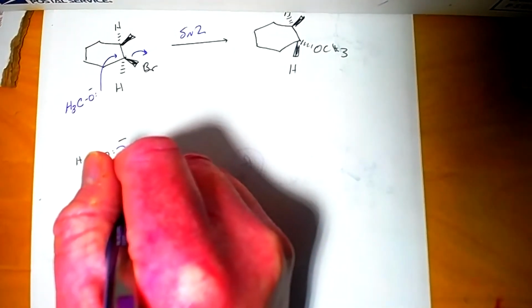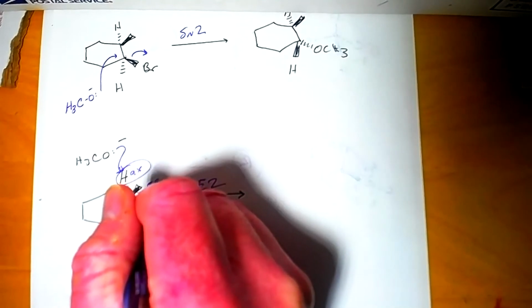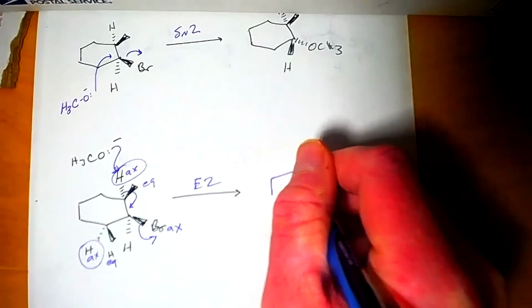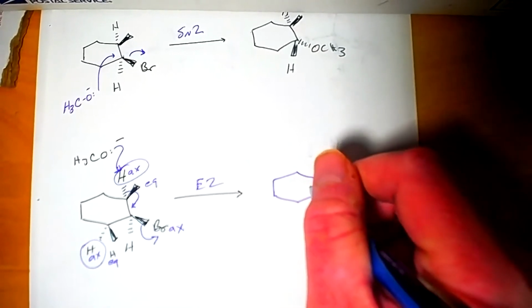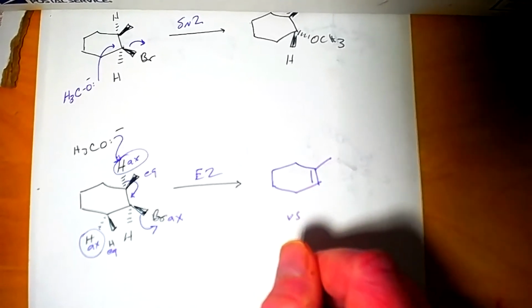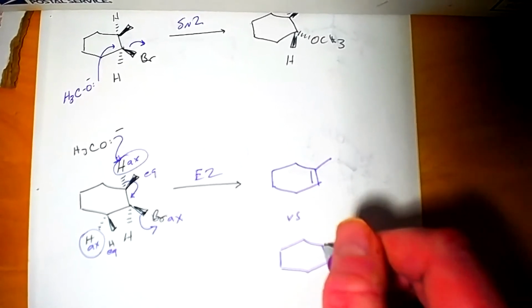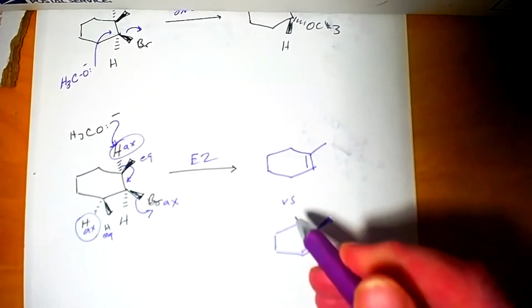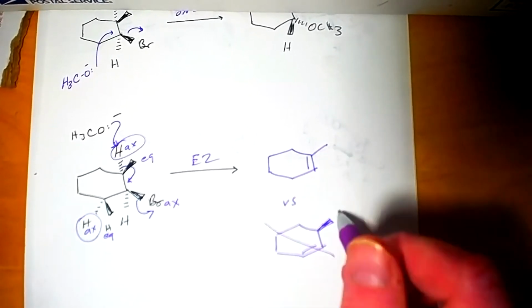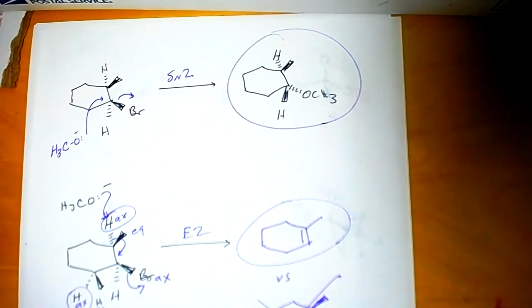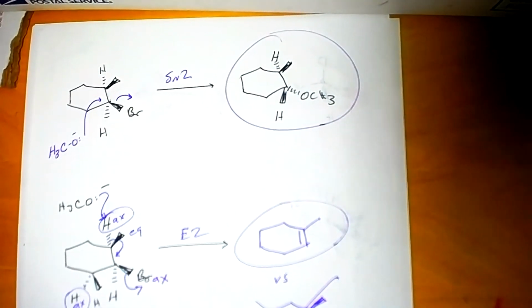So with that in mind, I suspect that the major product is going to be this one, okay? And just to show you what the other one was that I was talking about versus this one. So this one is clearly more substituted. Okay, so these two products here are the ones that I'm thinking are going to be the major products that we're going to see in that reaction.